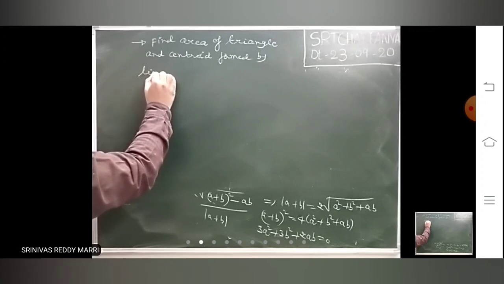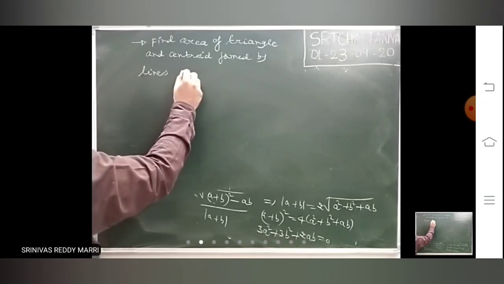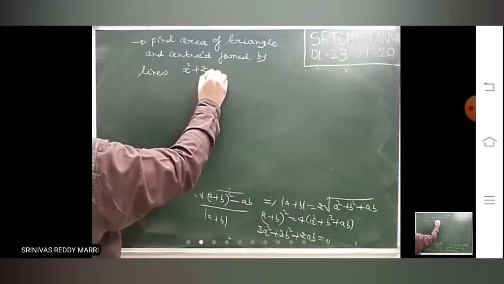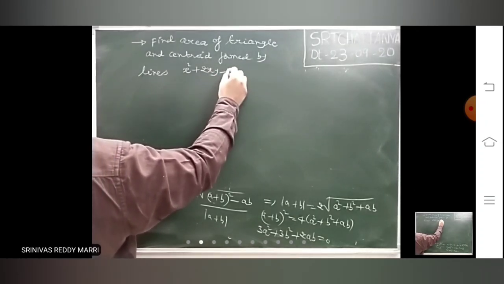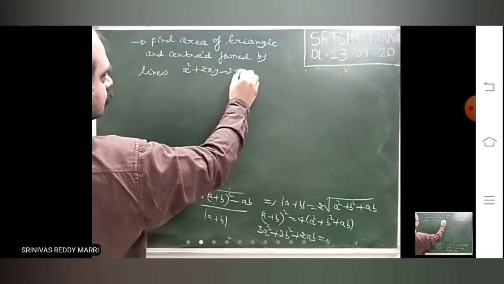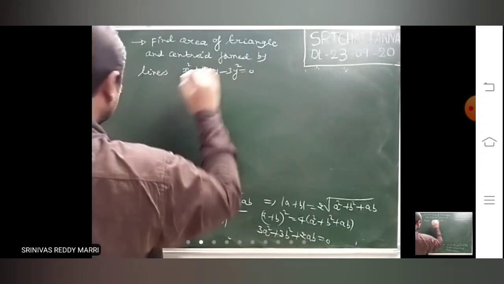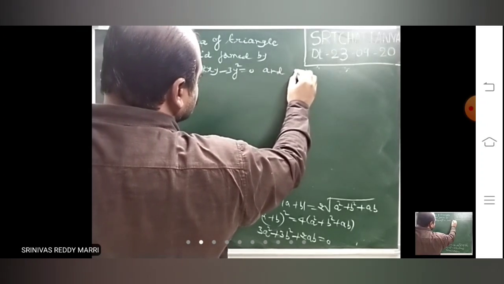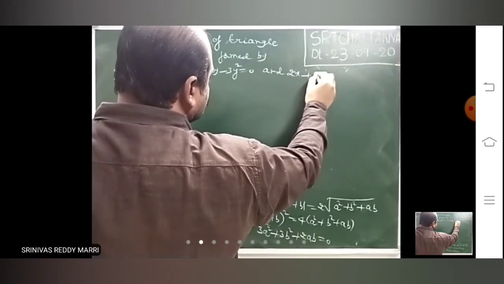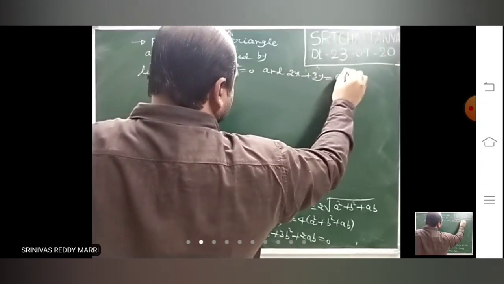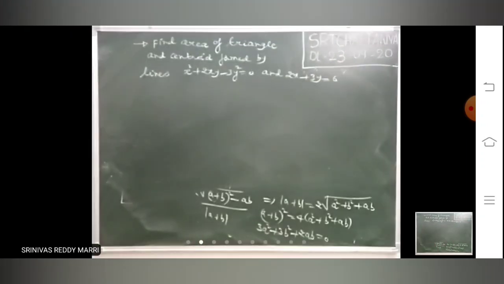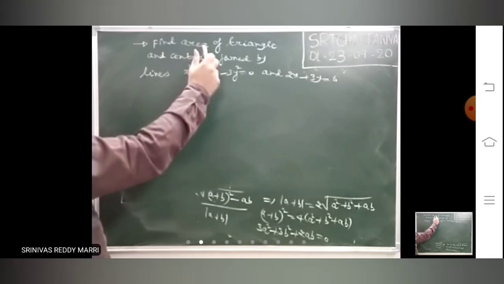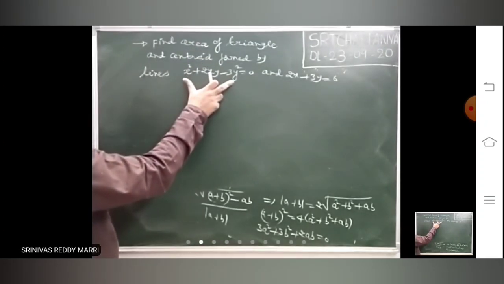Look at it. So you have to find the area of the triangle and centroid formed by these two lines.